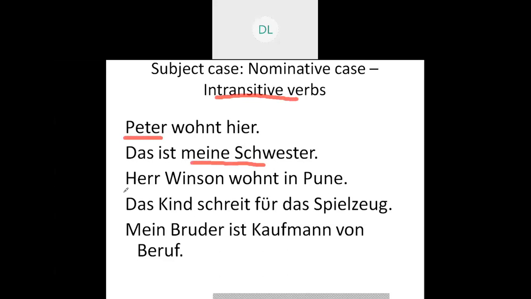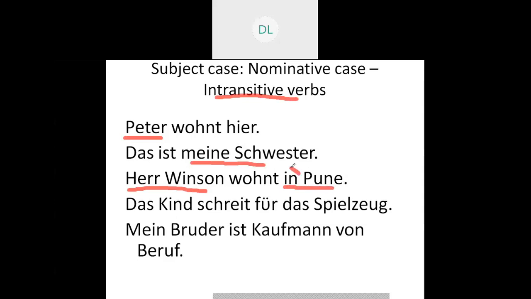But in the third one, Herr Vincent wohnt in Pune. Mr. Vincent lives in Pune. So Mr. Vincent is the first identity, the second identity is Pune. But now, very important, students: when I say in Pune, before this Pune, this identity, I have a preposition.